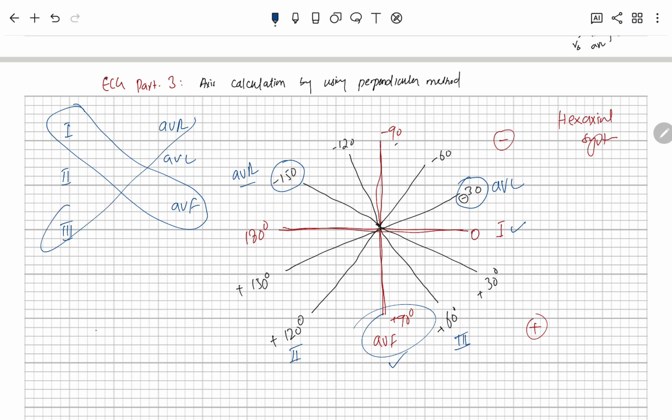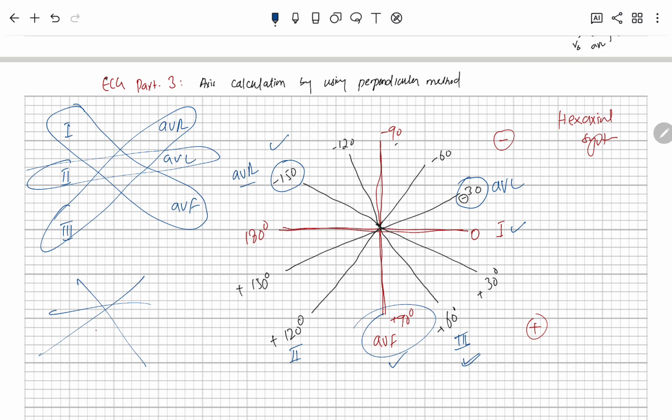Like here, lead 3 and AVR are perpendicular to each other. And 2 and AVL are making a cross. Whenever we check the leads, they are in cross fashion, perpendicular to each other.